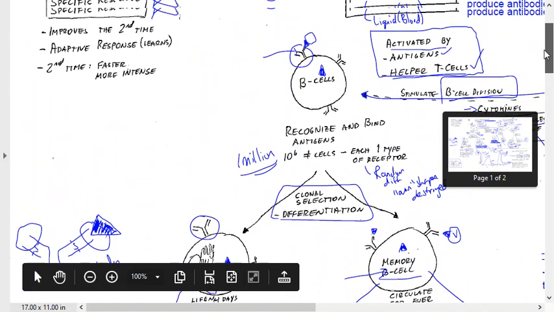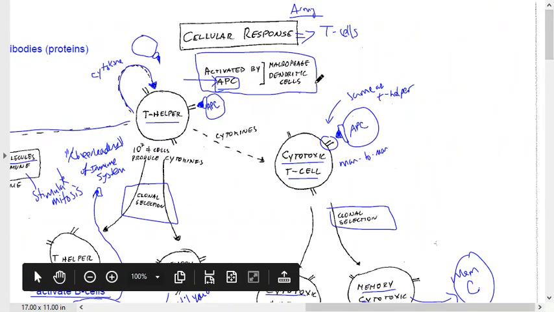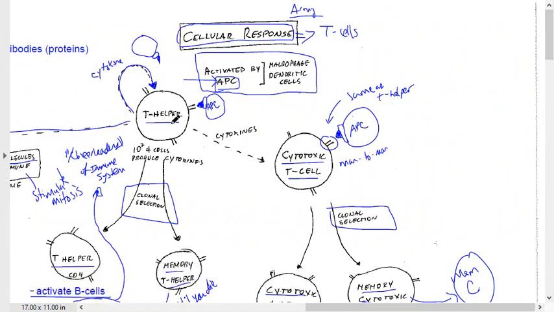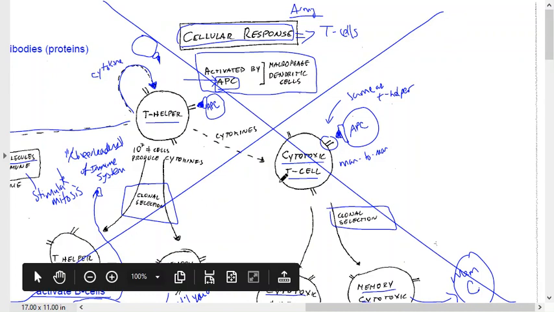Well, if you go back up here, you'll notice that your entire cellular response, all of your T cell response, the helper T and the cytotoxic T cells, are activated by antigen-presenting cells. So that means the entirety of your cellular response is out of commission when you have HIV.